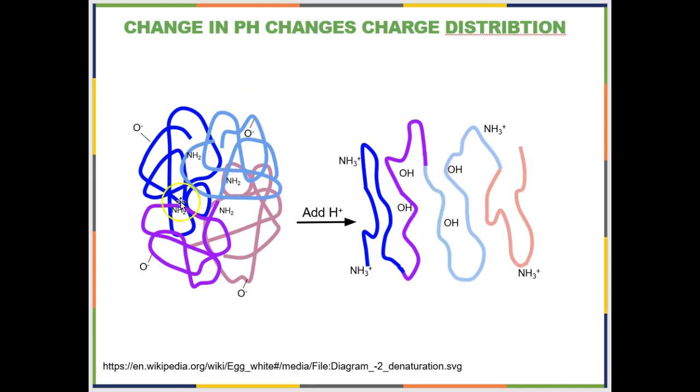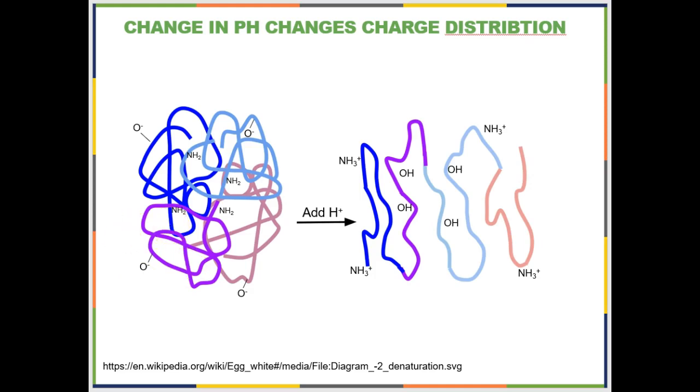So here we have a protein. I forget what protein this is supposed to be. Go to this Wikipedia page, it'll tell you, oh, it's albumin from egg white. So here, this is that aspartic acid side group with the negative charge on it now, so it's released its hydrogen ion. It's negatively charged, which means it's polar, so it's on the outside of the protein where it can hydrogen bond with water.